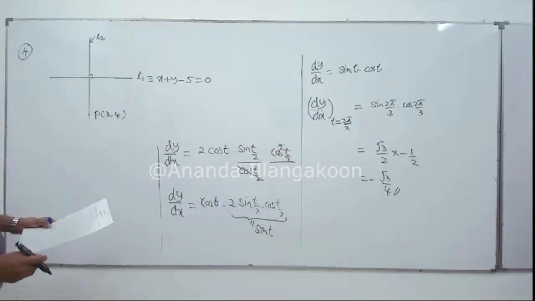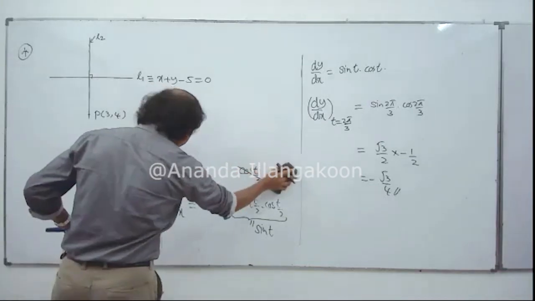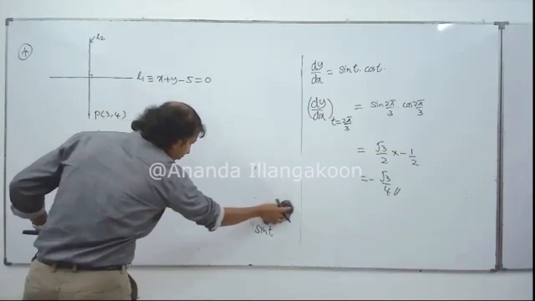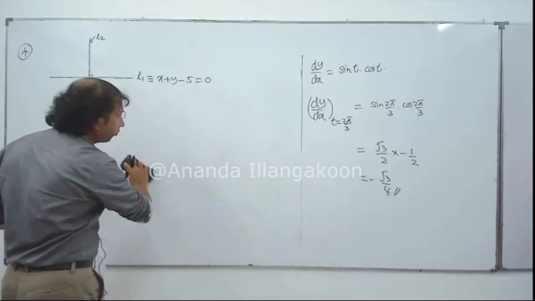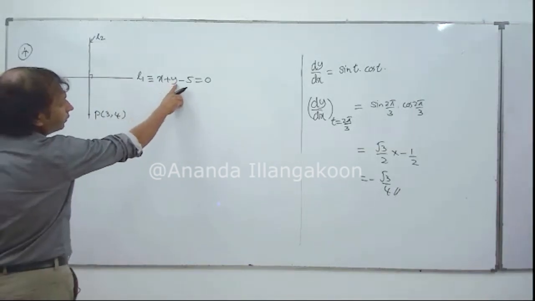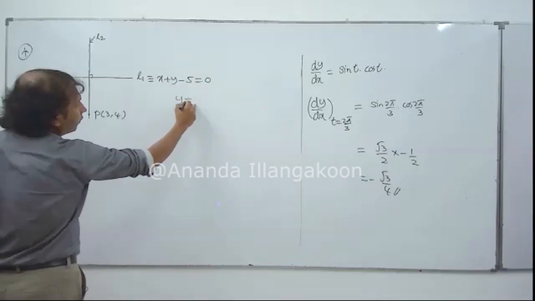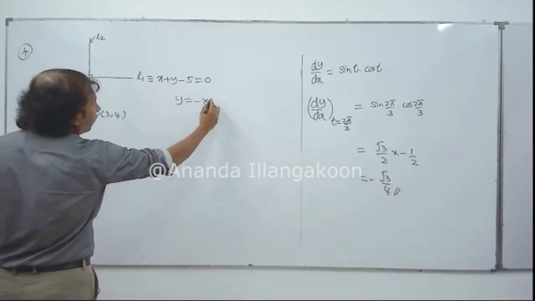Right. Now, how to find that? You can write it like this. When I find the gradient of this, take x and minus 5 to the right hand side. What do you get? y equals minus x plus 5.